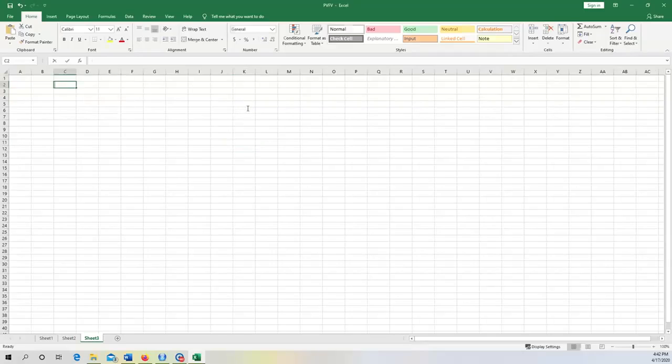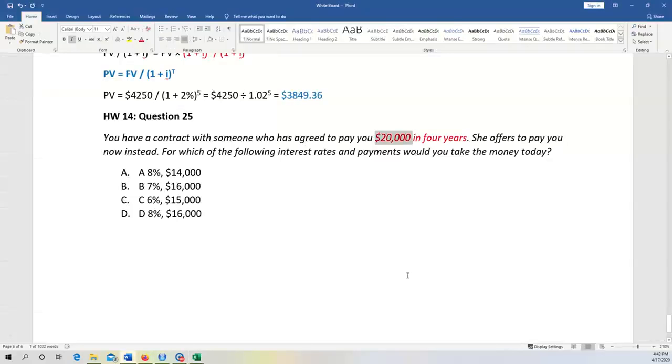So we know present value, interest rate, year, and factor, future value. So let me create a bunch of headers first. So present value here for these options, right? We have 14K, 16K, 15K, 16K.